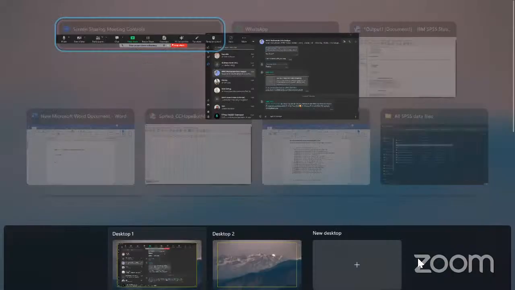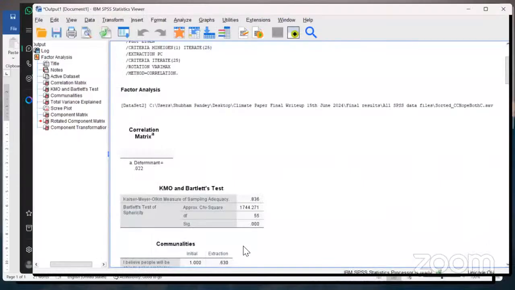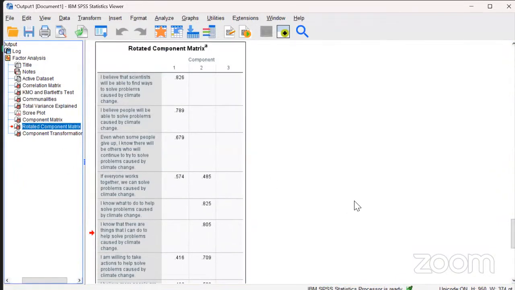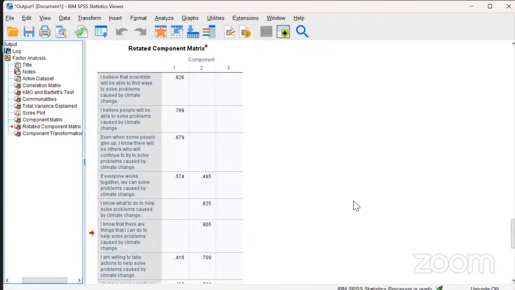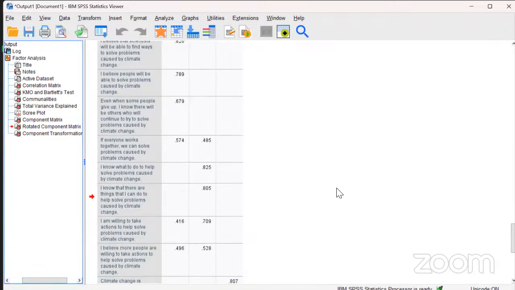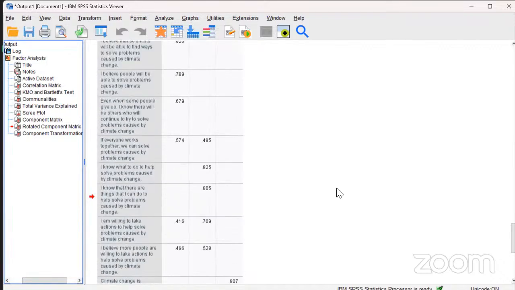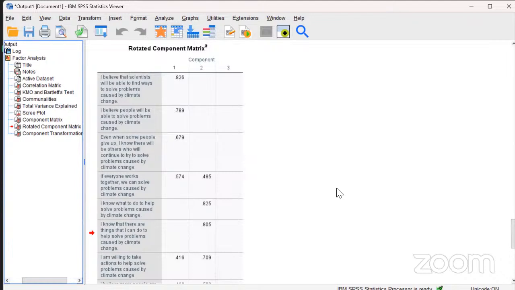Shubham, can you share your sorted factor loadings? Yes, sir. You do not control this 0.40. You have suppressed some observations. Yes, I suppress 0.4, sir. For training purposes, you do not suppress.